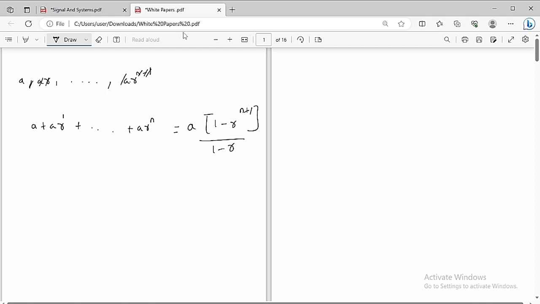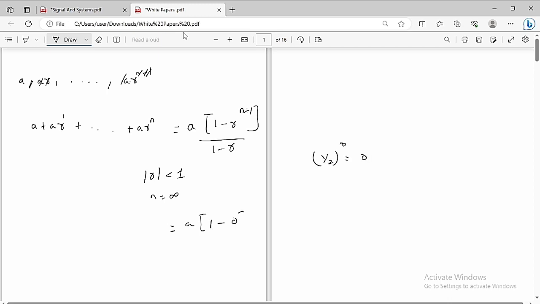Suppose the magnitude of R is less than 1, and n is equal to infinity. Then what is going to happen? R to the power of n is very, very small when n is very, very high. For a small example, if R is half and n is infinity, this value is nothing but 0.